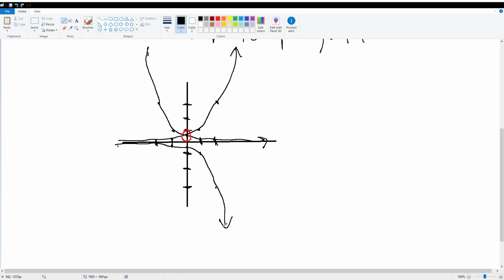So you can see g of x equal to -3 to the x is a reflection about the x-axis, and f of x is right here. And h of x is a reflection about the y-axis. So those are the three types of graphs you can get when dealing with reflections.